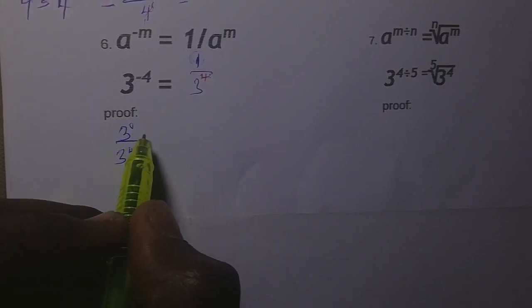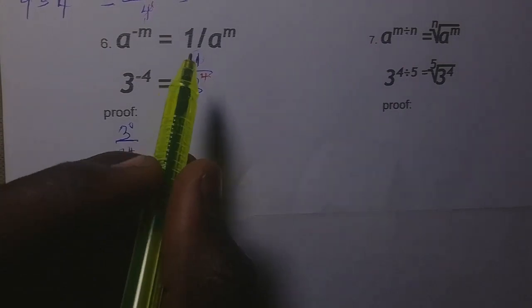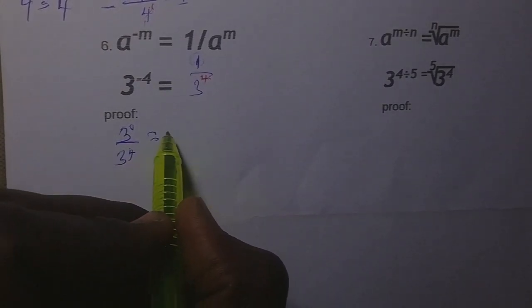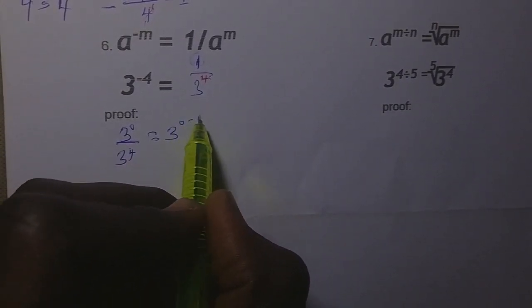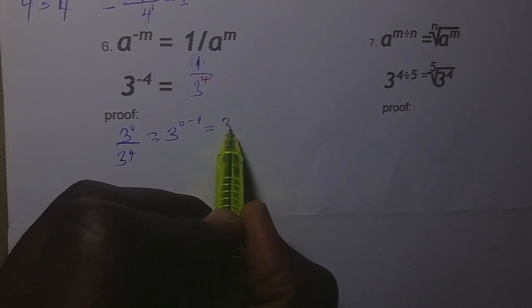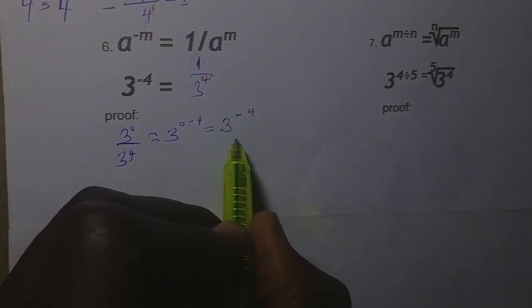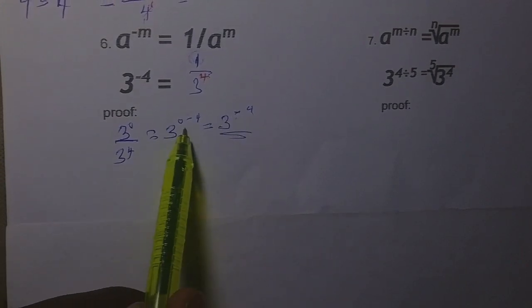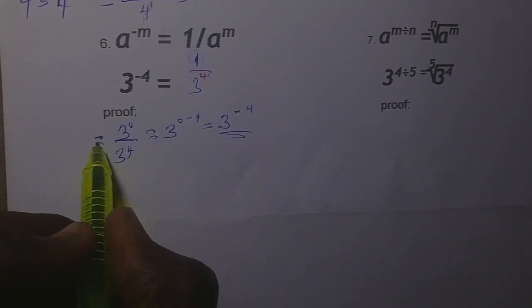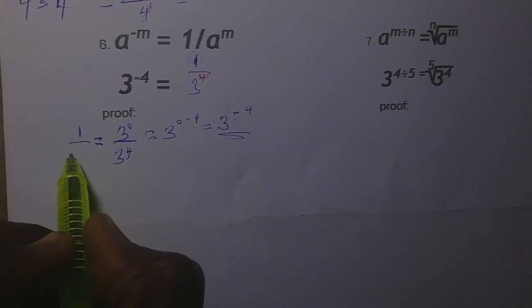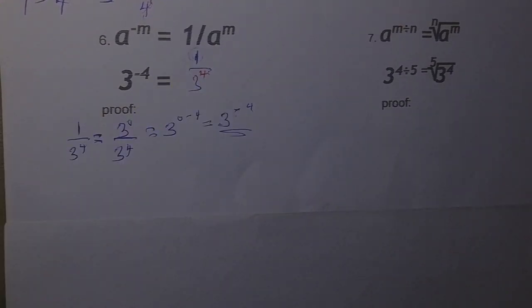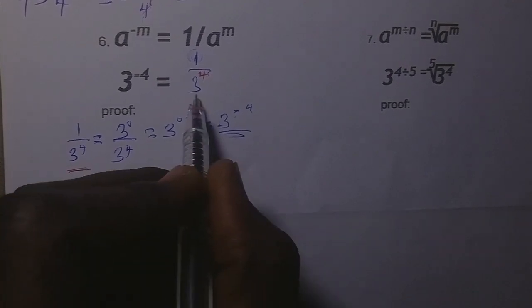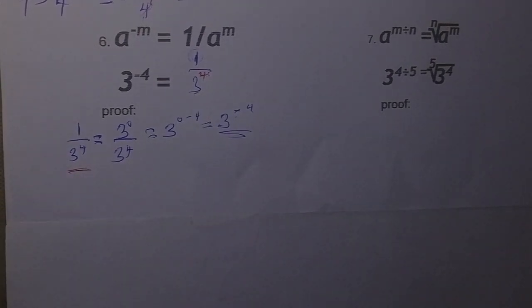So according to the second rule of division of exponents, you can write this as 3 power 0 minus 4. This is nothing but 3 power negative 4. So as you can see, this is equal to this, and this is equal to this. This also is equal to 1 over 3 power 4. So that's how we got the sixth rule.